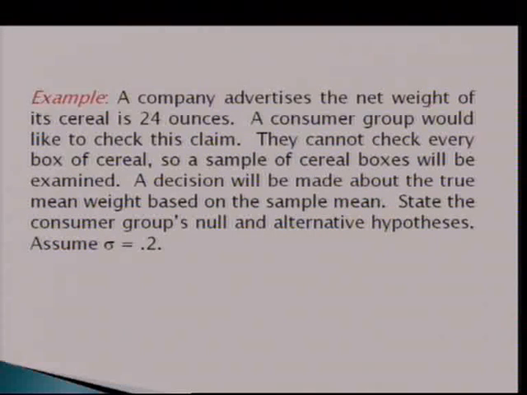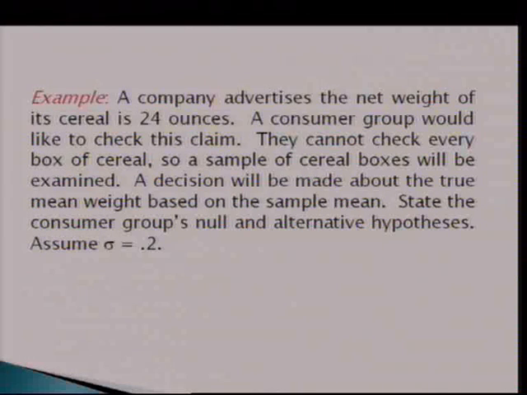Now, let us consider this with an example. It is a continuous one, taking step by step. A company advertises the net weight of its cereal is 24 ounce. Suppose the cereals are packed in different packages, and the company claimed that the mean weight of the cereal in each package is 24 ounce.